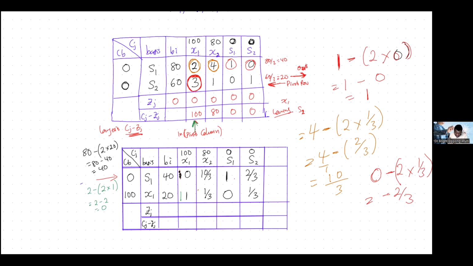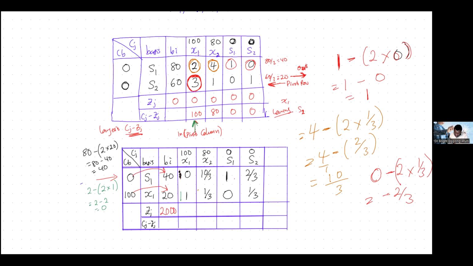Our Z is again, we go this direction. CB times the BI plus this times that. So this one will give us 2,000, right?